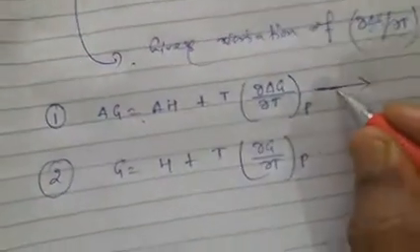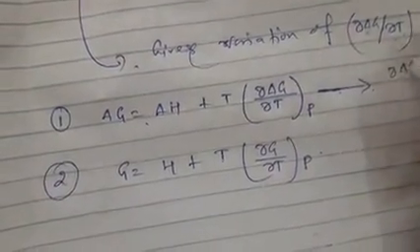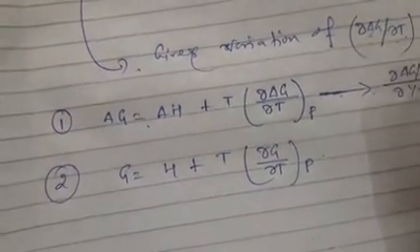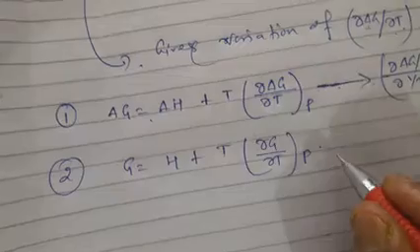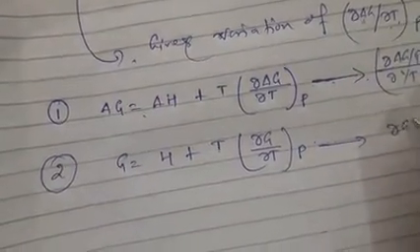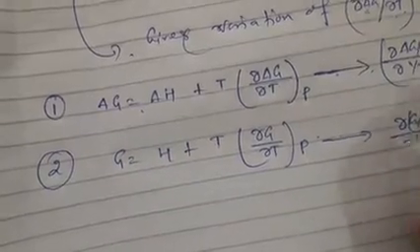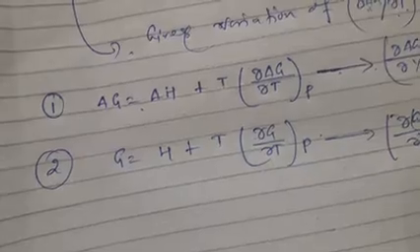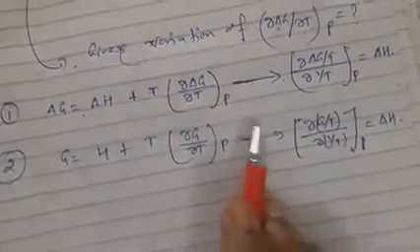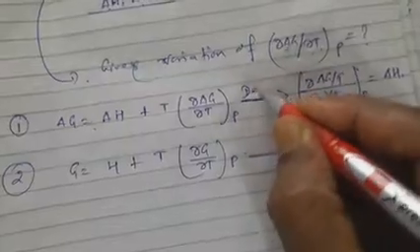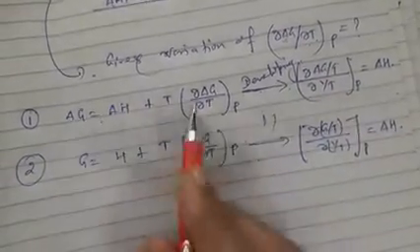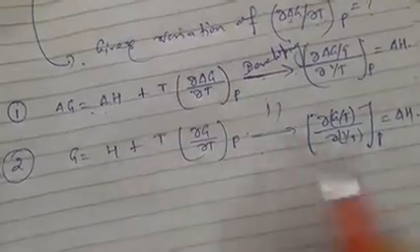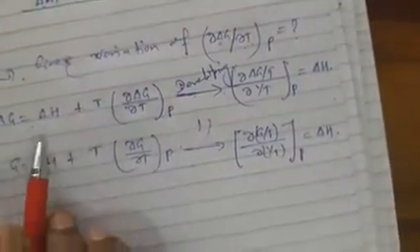Another developed form of this equation is delta G by T, del 1 by T at constant P is equal to delta H, or del G by T del 1 by T at constant P is equal to delta H. So, there are mainly two forms of this equation, and the developed equations from this equation we can achieve this equation.